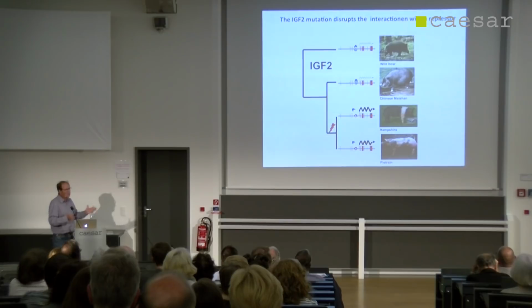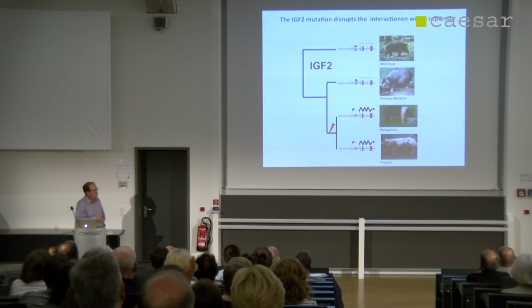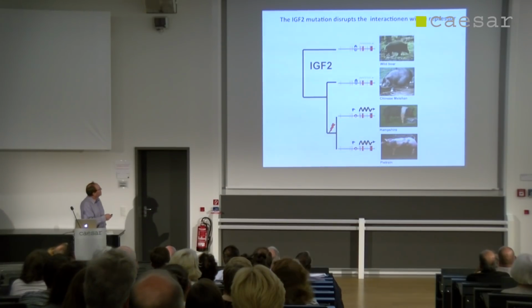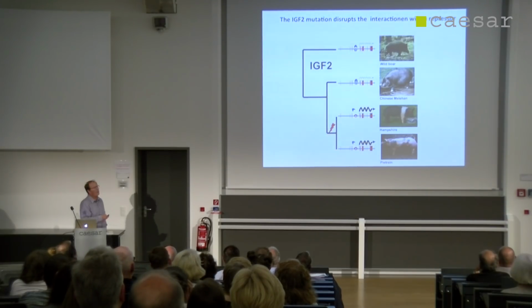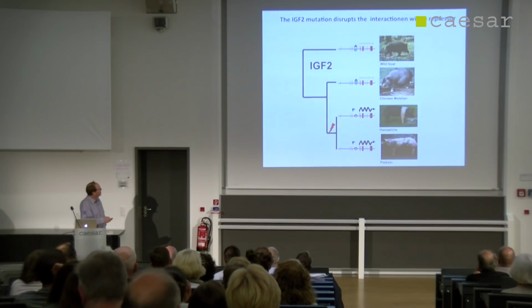Without going into the experimental details, what we could show was that in the wild boar, as well as in humans, you have a sequence here, with G, that binds a protein in the nucleus, and that regulates how much IGF-2 is made. But in the domestic pigs, this is a Chinese pig, in fact they are like the wild boar.